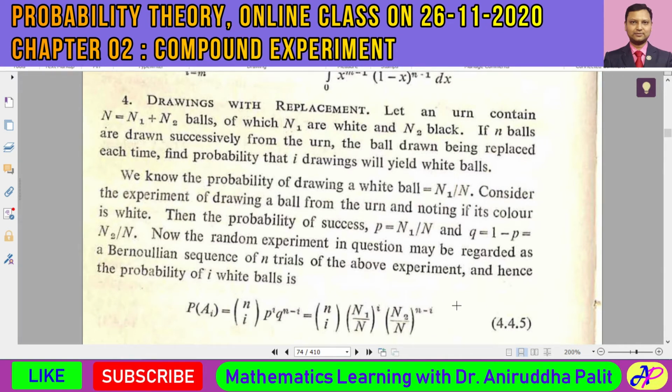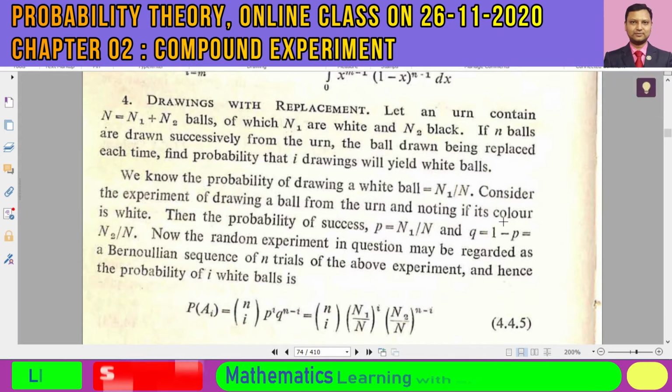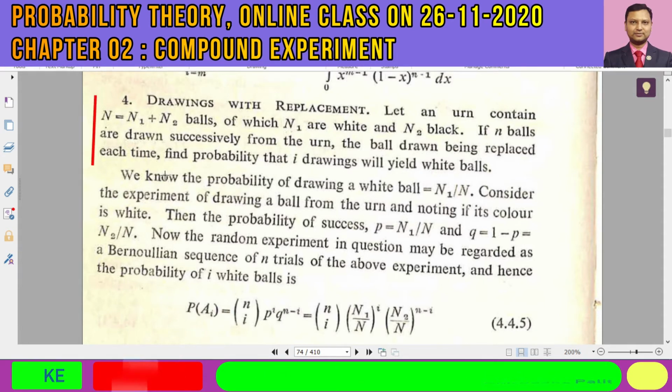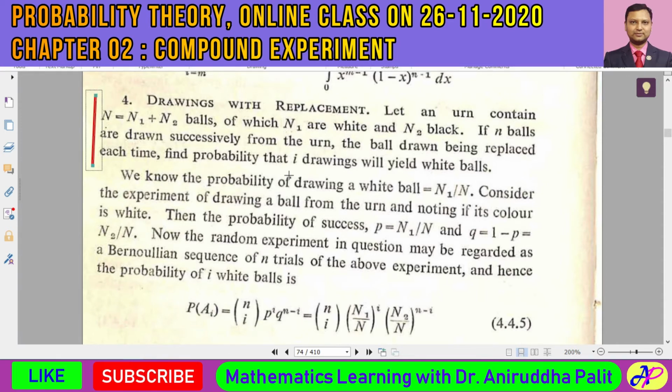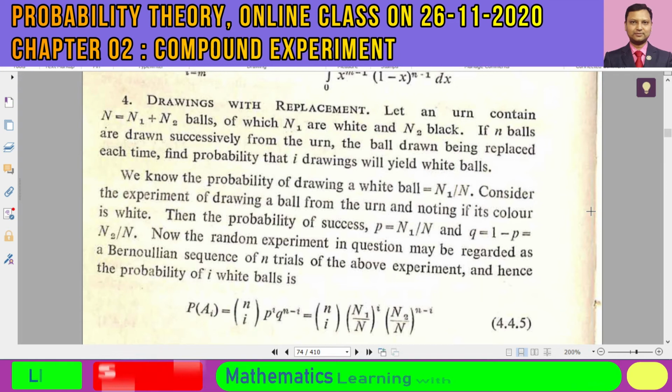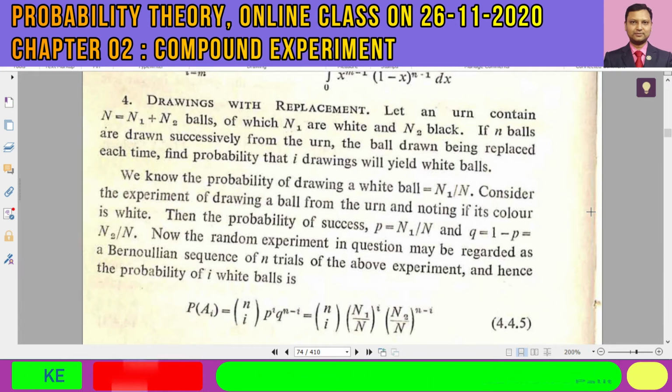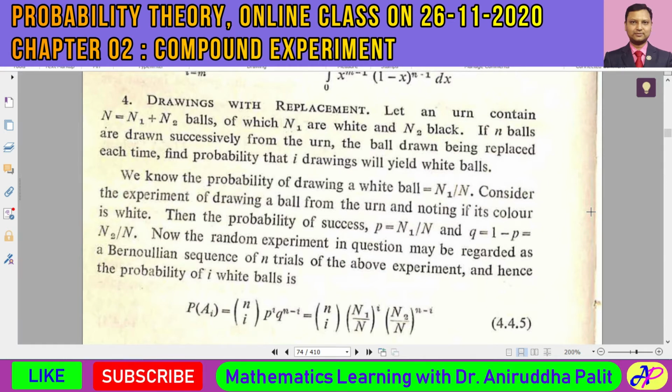What I am going to discuss is what happens if we draw the balls without replacement. Over here the balls were drawn with replacement, fine. But if the balls were drawn without replacement, that means in each drawing we draw a ball and observe the color, and we do not return the ball to the original collection.